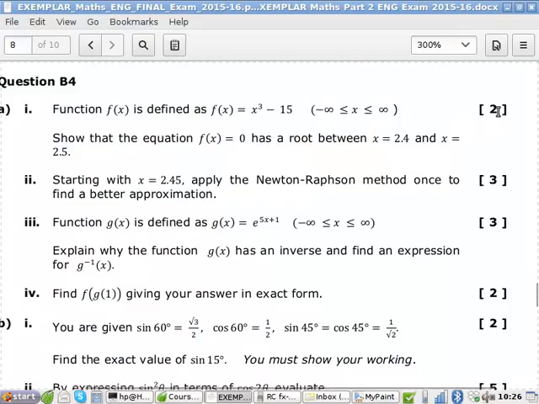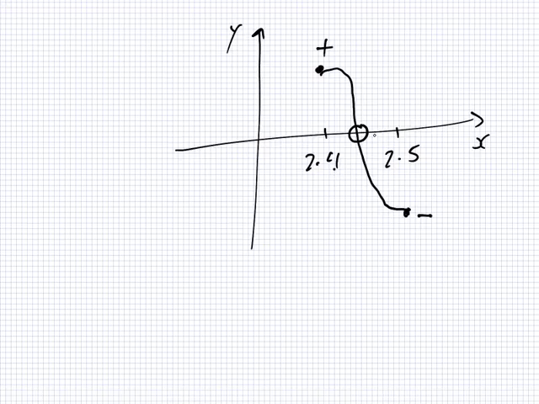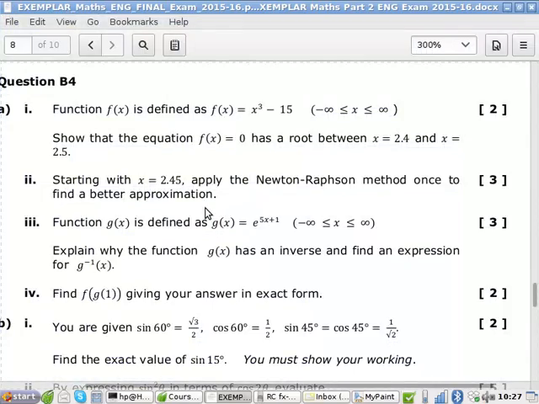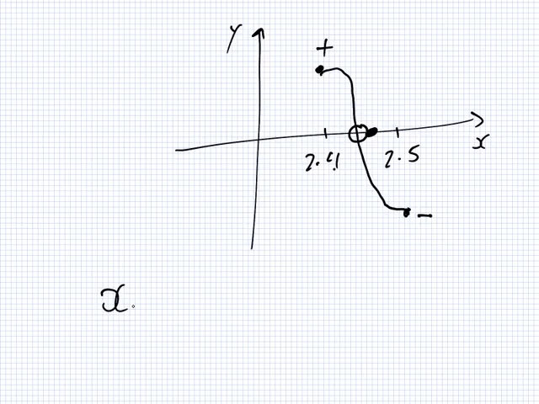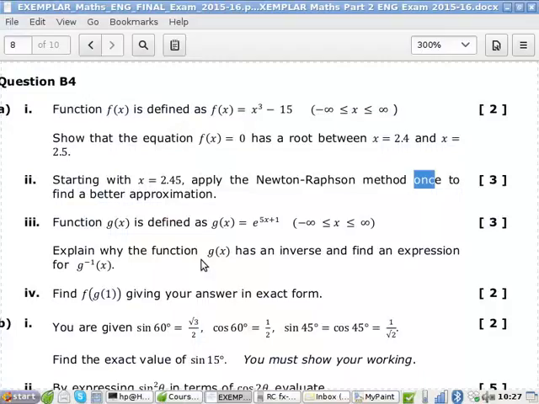2 marks. And then starting with 2.45, so starting in the middle, use the Newton-Raphson formula once to get an improved approximation of the root. Yeah, you forgot it, huh? You'll be heartbroken. This is the Newton-Raphson formula. We did this in numerical methods, the ODE lesson.